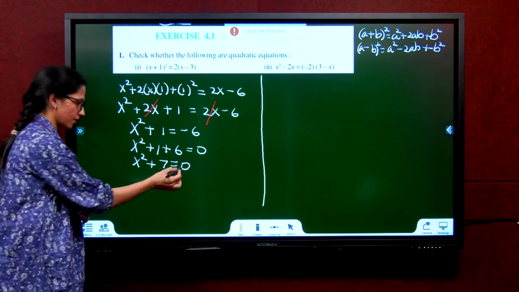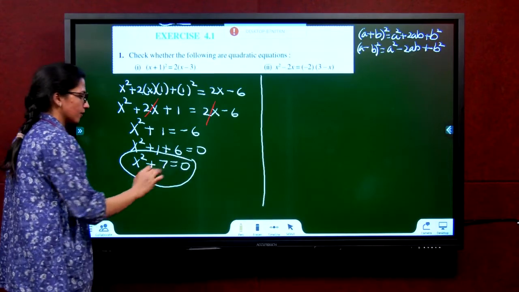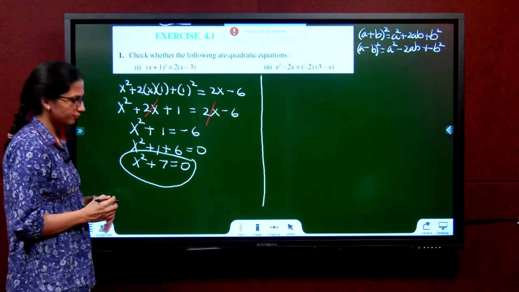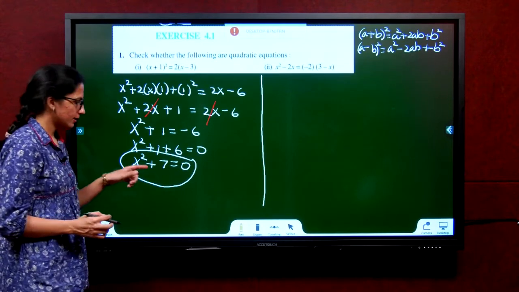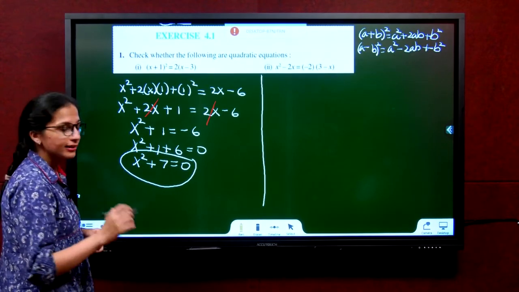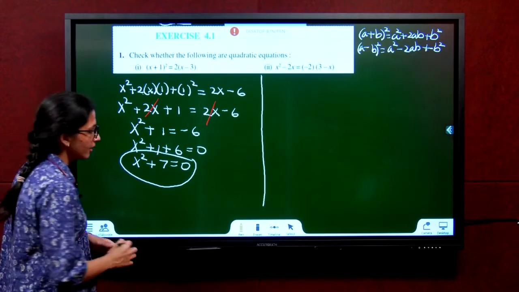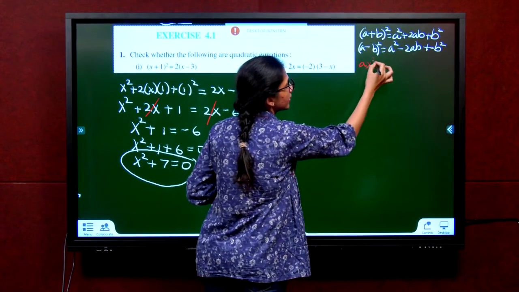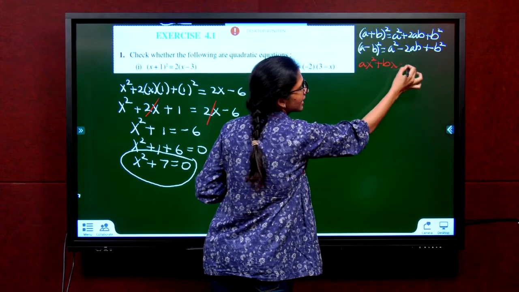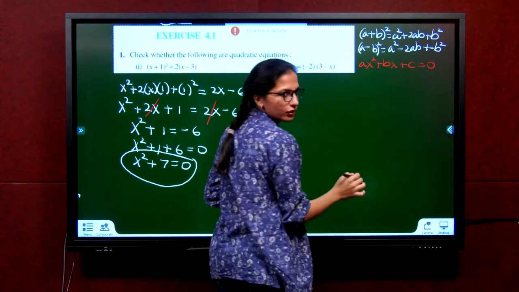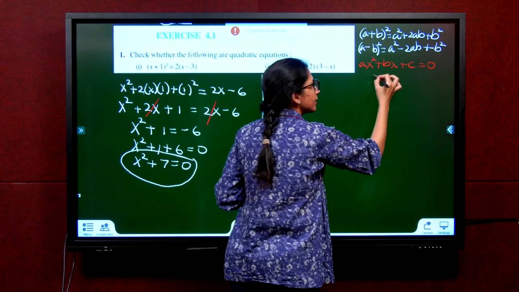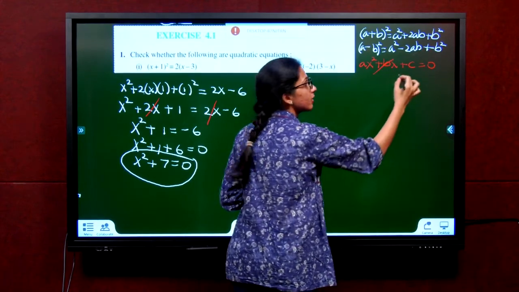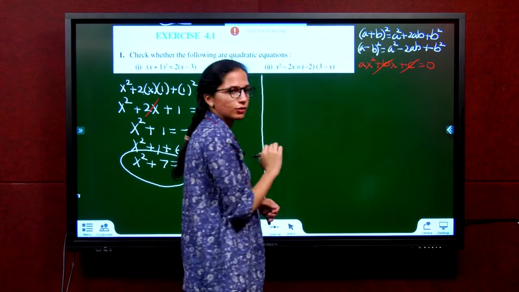Is this a quadratic equation? Some of you might feel no, because there is no middle term. Something is missing. But it is a quadratic equation. Why? Because we learned that ax square plus bx plus c is a quadratic equation. B can be 0, it can vanish. C can be 0, it can vanish. But A is not allowed to vanish.